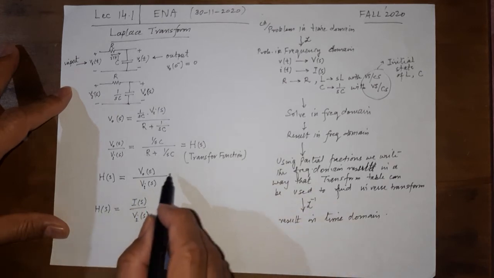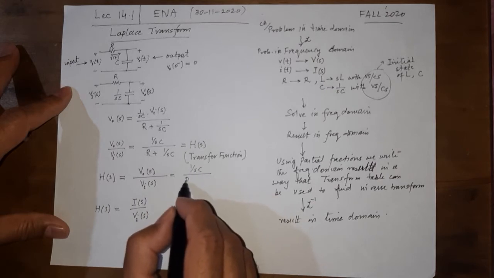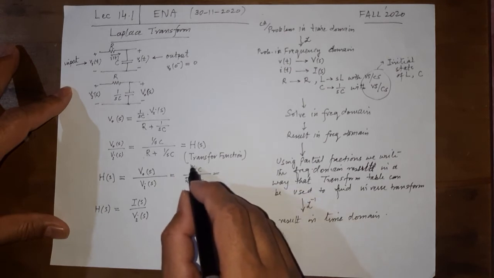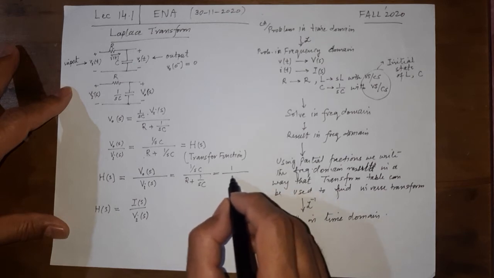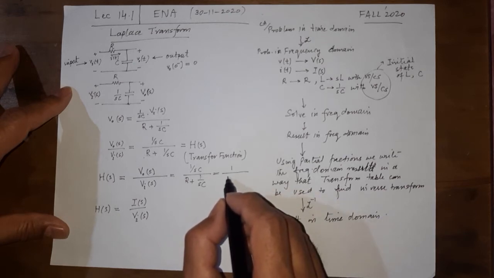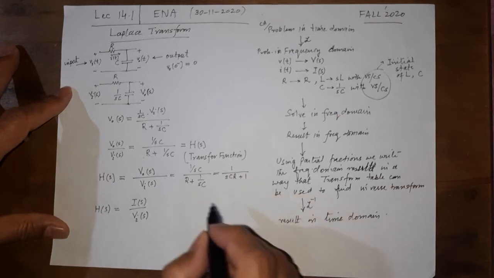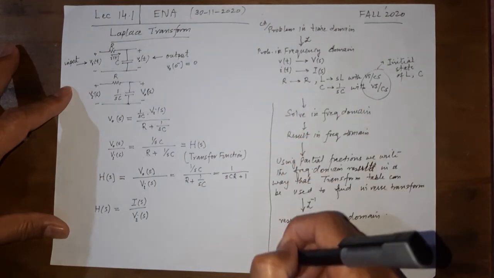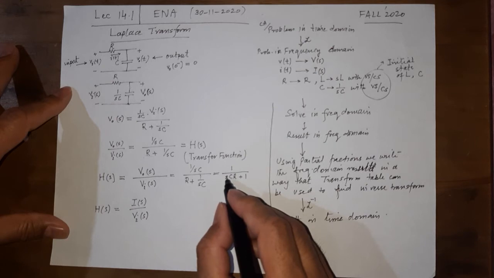This obviously is not going to be the same. While this is 1 over SC over R plus 1 over SC, we can simplify by bringing this SC down and multiplying throughout to write this as 1 over SCR plus 1. And then there are other ways of writing this as well. Most of the time we are interested in having the coefficient of S to be 1, not CR.